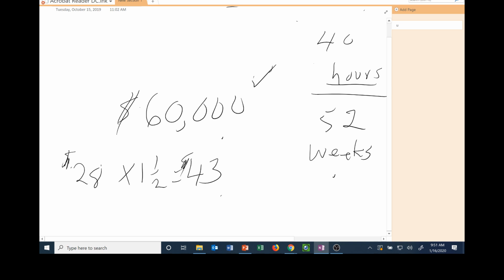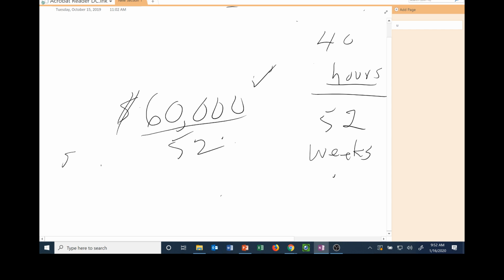Now, who else got 28? All right, divide 60,000 by 52 weeks and see what your weekly salary is. 1,153. Now you work 40 hours, so divide that by 40. Does that give you 28? 28.8.